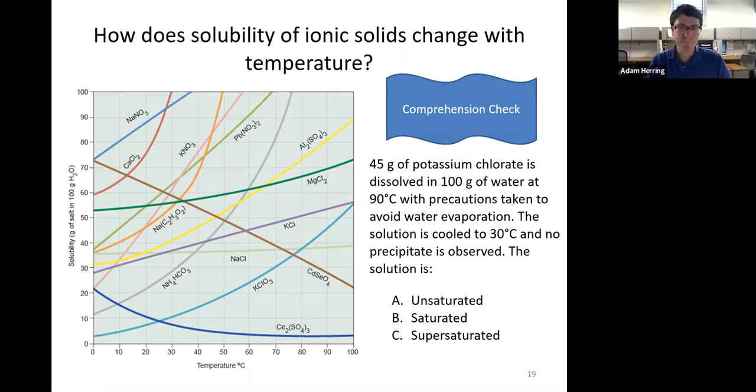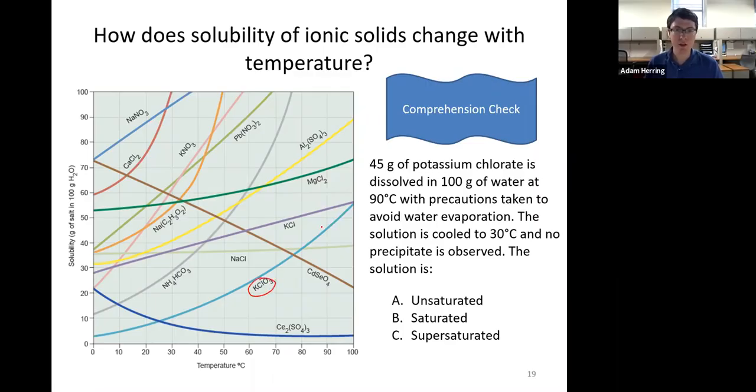Welcome back. So in order to evaluate this, what you first want to do is check and see what the solubility of potassium chlorate in 100 grams of water at 90 degrees is. Potassium chlorate is right here.